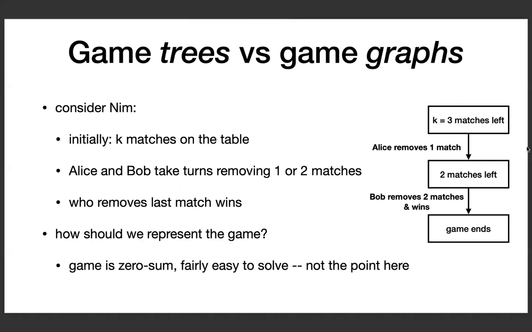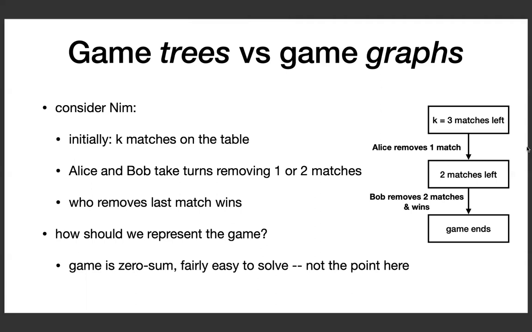The game of NIM is where initially there are K matches on the table, and the two players, Alice and Bob, take turns removing matches. Every time, one of the two players can remove either 1 or 2 matches. The player who removes the last match on the table wins the game.